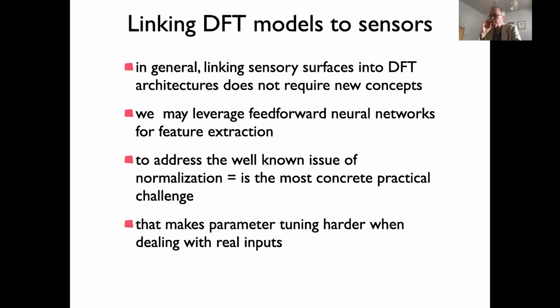So this very simple story illustrates that linking sensory input to DFT architectures is straightforward. It's this concept of forward connectivity that feed-forward neural networks provide, and one can do a lot more than in this trivial example. For instance, really extract features through feed-forward neural networks, and so one can leverage that whole area of how to do that.